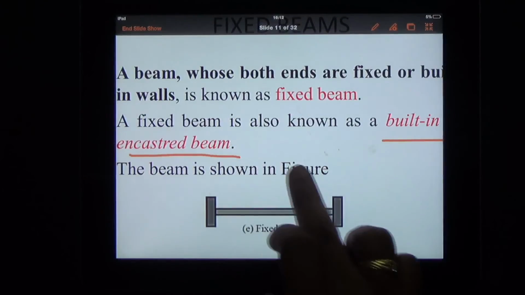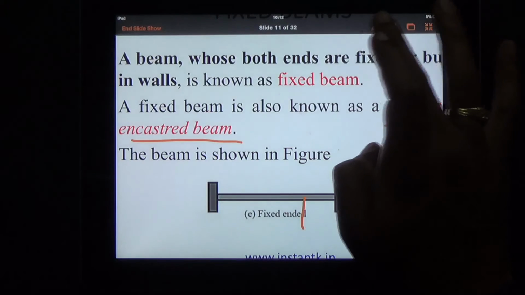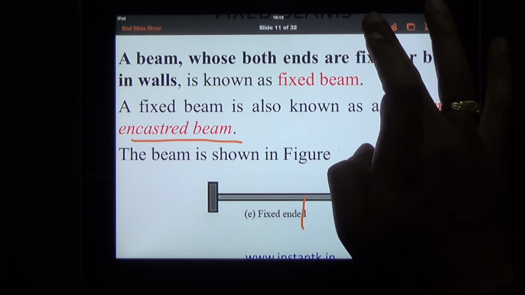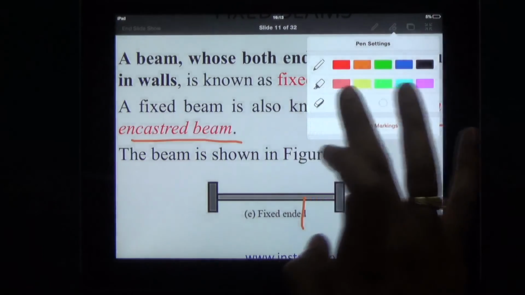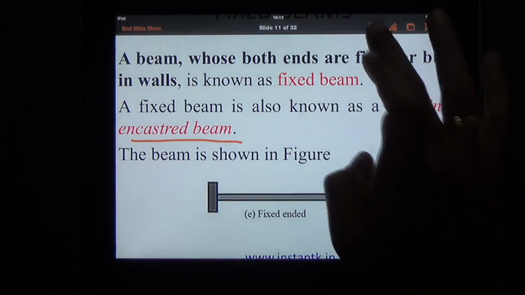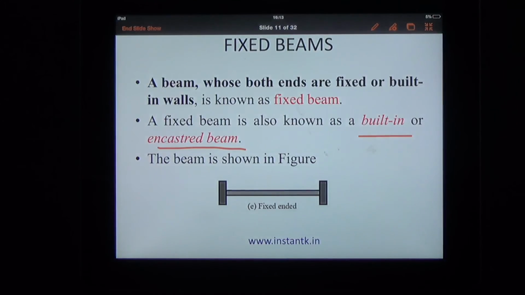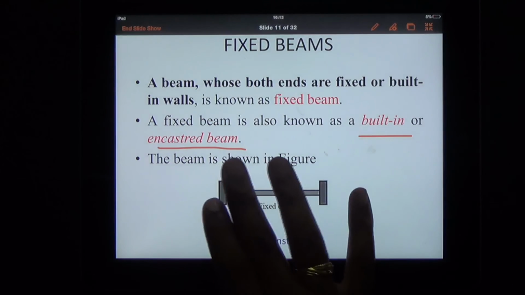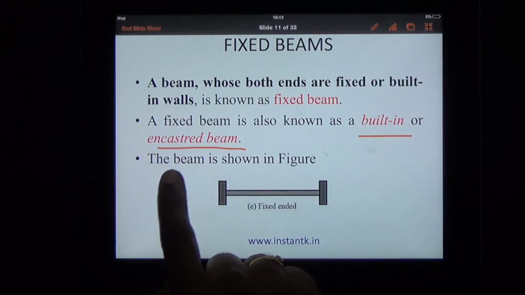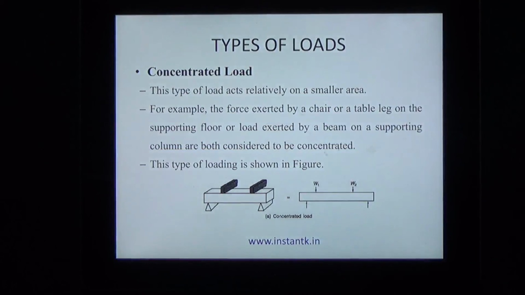A beam whose both ends are fixed or built into walls is known as a fixed beam. It is also called by another name, built-in or encastre beam. Please remember this name, built-in or encastre beam. Next question.